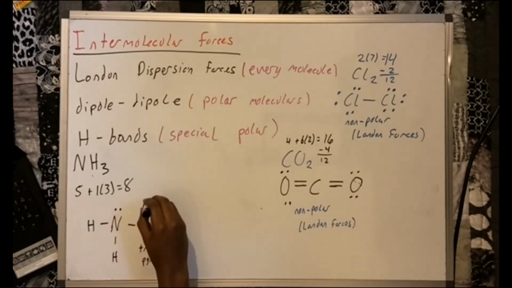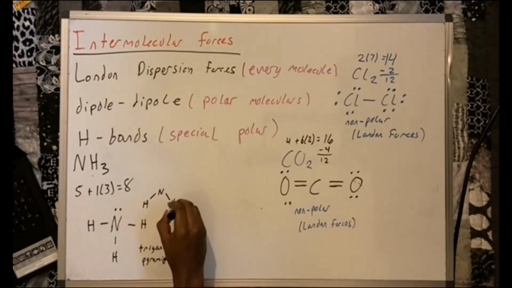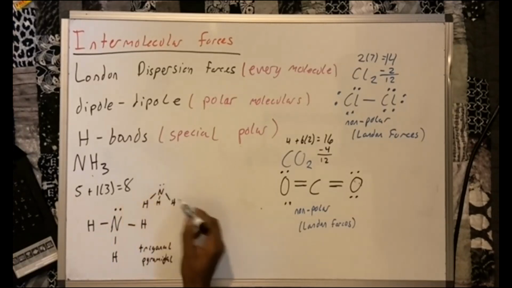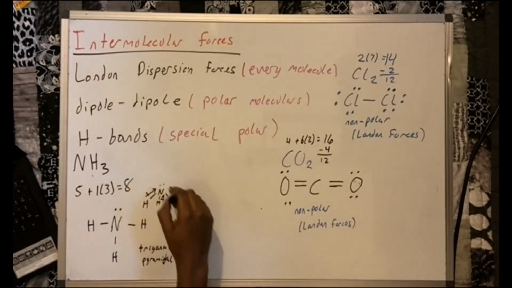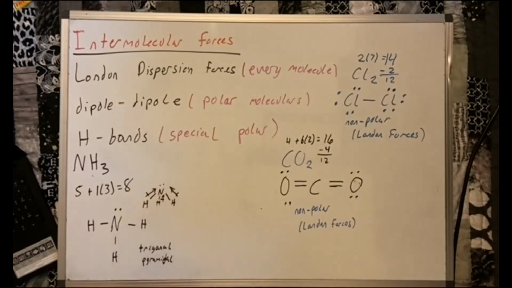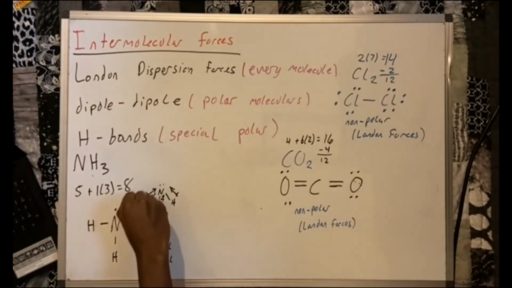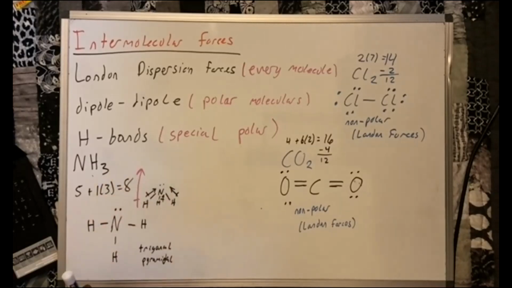I have H, N, H, and then this one's going back. And so I have these lone pairs up here. N is more electronegative, so all my dipoles are pointing up this way, towards the N, and I have nothing pointing down to cancel them. So overall, I get an overall upward dipole in this case. So this one is polar.